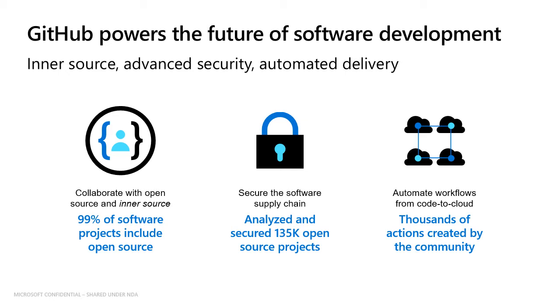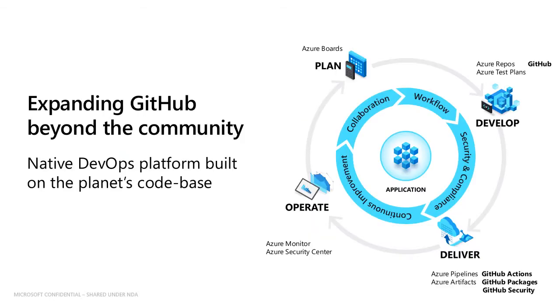So it means collaboration with open source and inner source, meaning using a single platform such as GitHub, which traditionally has been used for developers from different organizations to collaborate, and using that to collaborate for your developers within your organizations as well. Securing the software supply chain and also automating workflows from code to cloud.